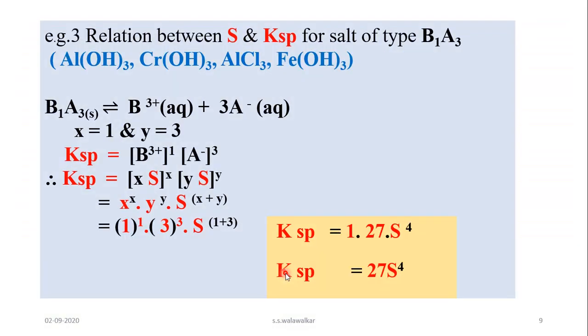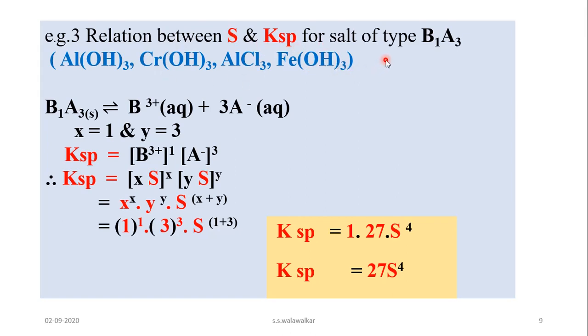Now we will study the third type of salt, that is, salt of type B1A3. That means a salt in which the ratio between cation and anion is 1:3. Examples of this are aluminum hydroxide, chromium hydroxide, aluminum chloride, ferric hydroxide, Fe(OH)3.